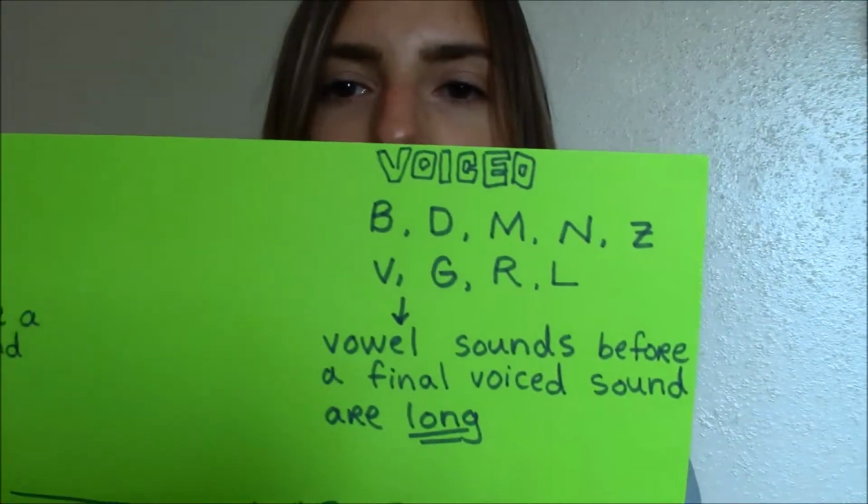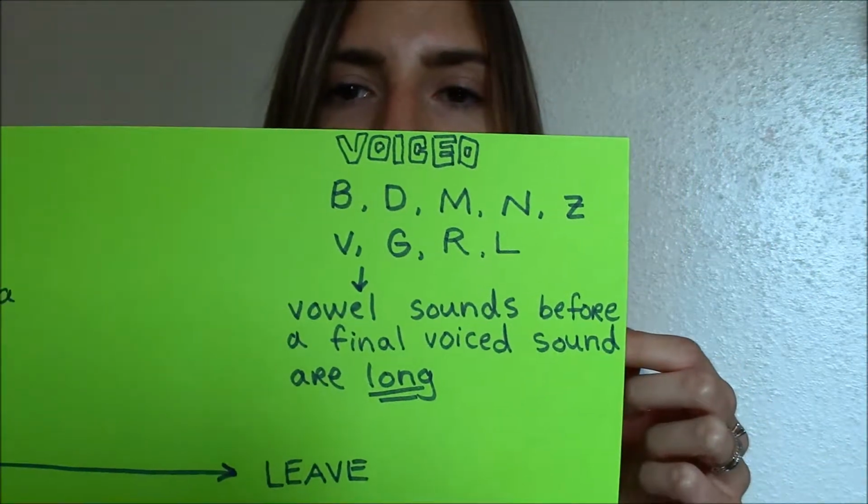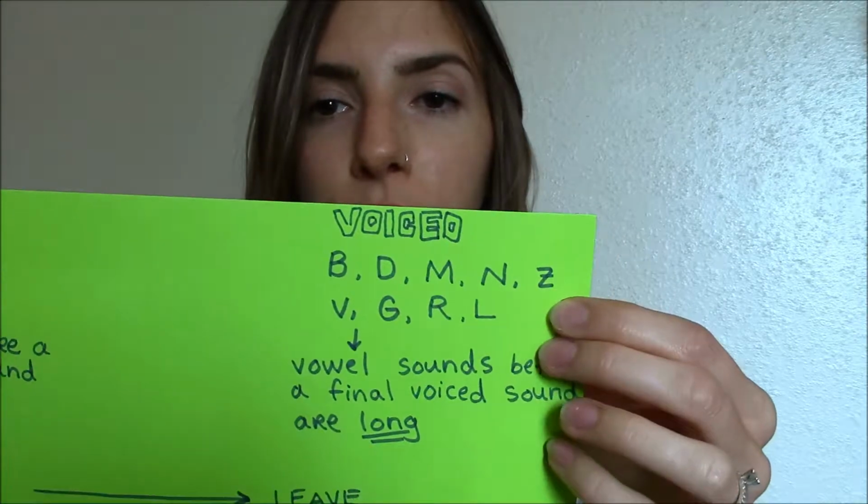So we see here voiced sounds are sounds like B, D, M, Z, V, G, R, and L. So these are the letters, but we're talking about the actual sound. So for example, the Z sound is Z. So if you put your hand over your throat when you say Z, you can feel your throat vibrating.